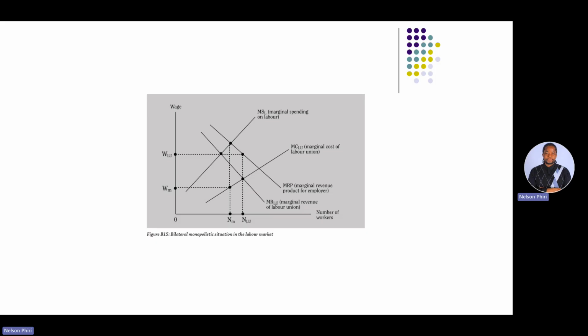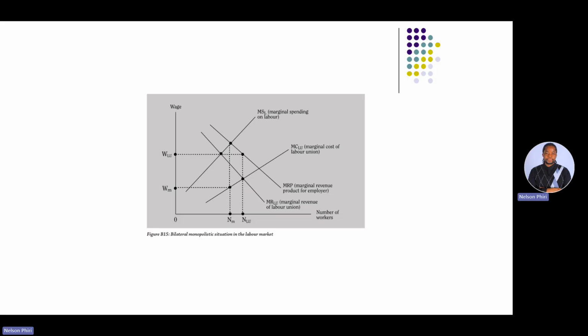If the union is a stronger party in the bargaining process, the final wage rate will be closer to WLU and the number of people employed will be closer to NLU, respectively. If, however, the monopsonist is the stronger party in the bargaining process, the wage rate will be closer to WM and the number of people employed will be closer to NM.